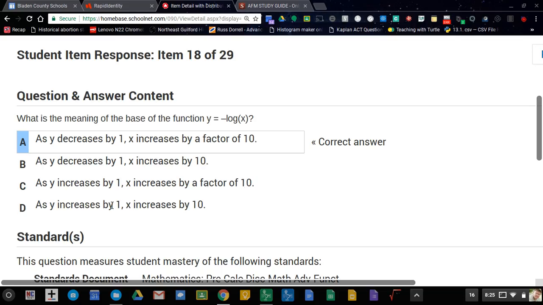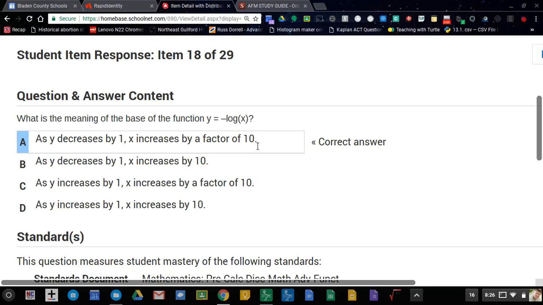As y increases by 1, x increases by 10. Okay. Notice increases by a factor of 10 and increases by 10 are two totally different things. One is 10 times the previous value, and one is just add 10 to the previous value. Two totally different things. So if you notice right here, y decreases by 1, x increases by a factor of 10.